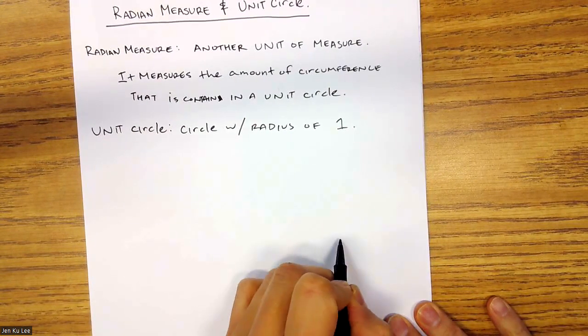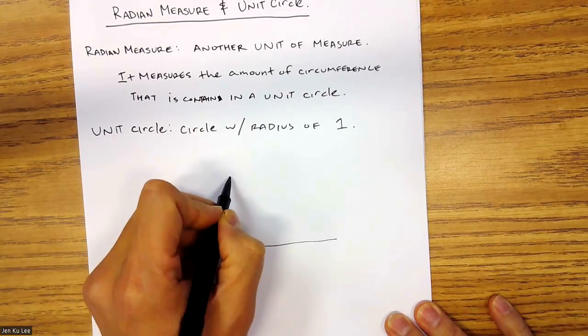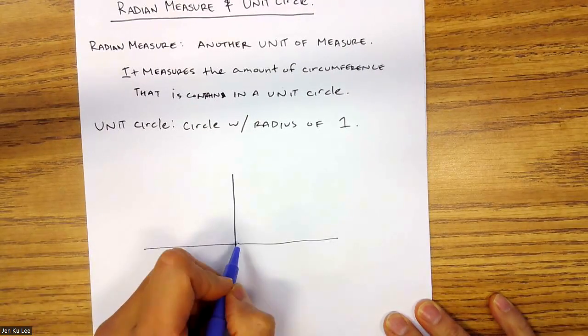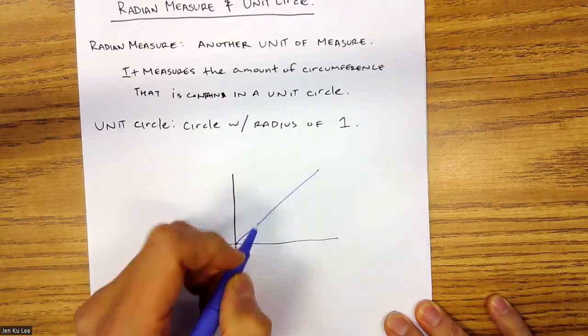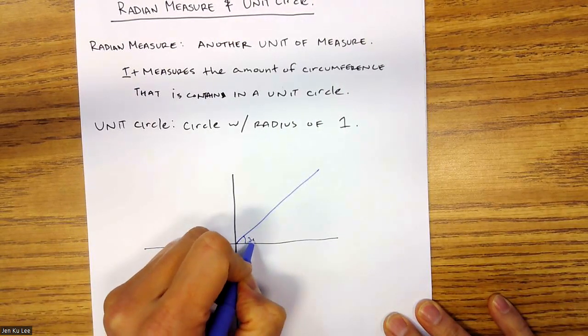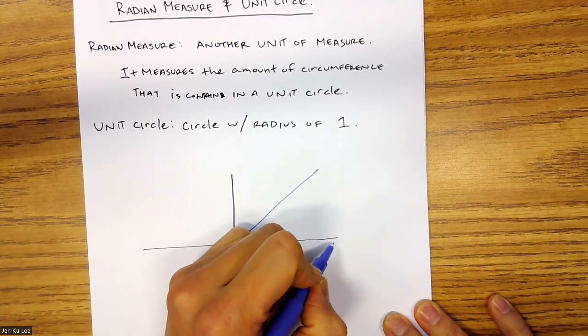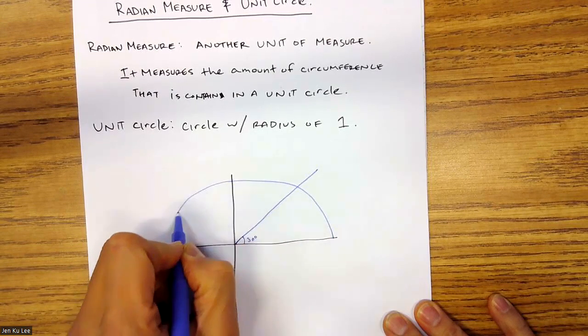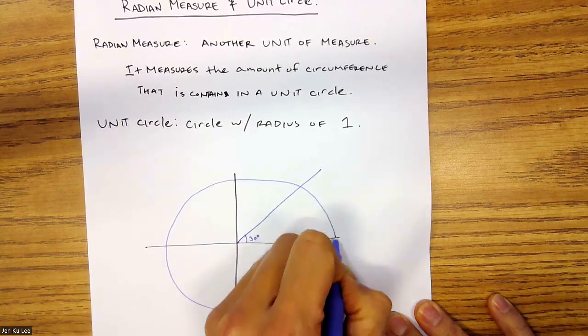So what I'm talking about is with a radian measure, if you have, let's say, this angle here, and let's say that this angle is 30 degrees, there's essentially a circle that goes around this.